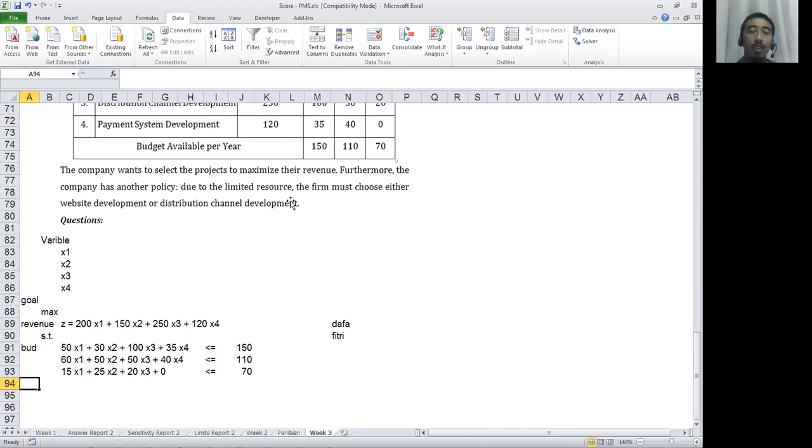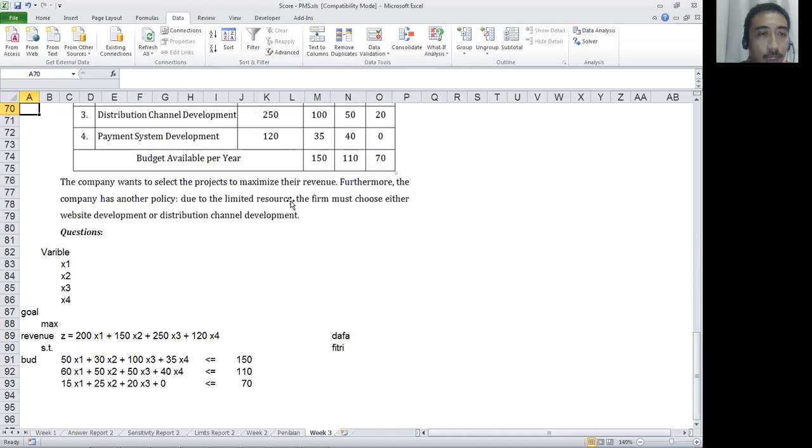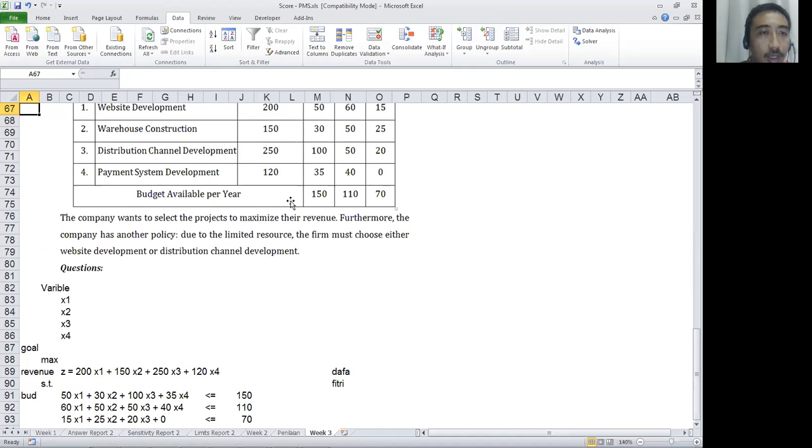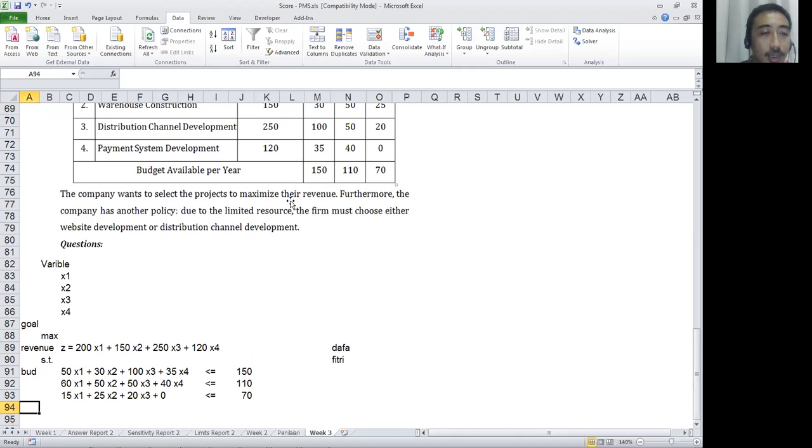We talk about X1, website development, and distribution channel, X3. The relation between X1 and X3. How do we formalize this constraint, must choose either website development or distribution channel?